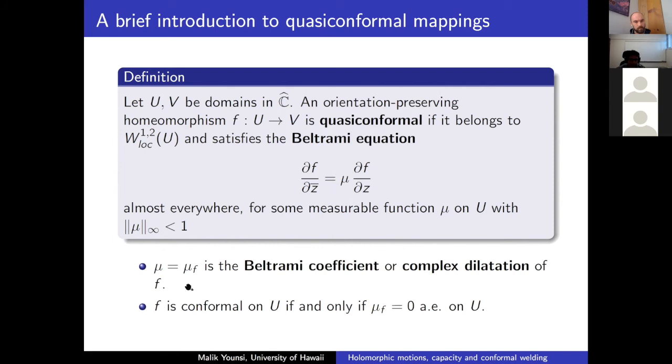So if you have a conformal map, analytic, then the Cauchy-Riemann equations tell us that the z-bar derivative is 0, so you get coefficient 0 in that case. And conversely, if you have a quasiconformal mapping that has coefficient equal to 0 almost everywhere, then the map is in fact conformal. That's usually referred to as Weyl's lemma.